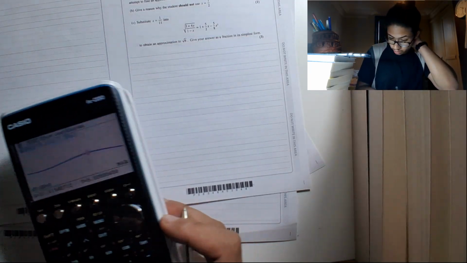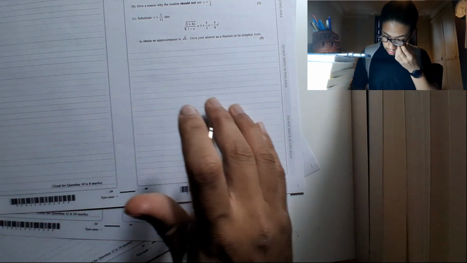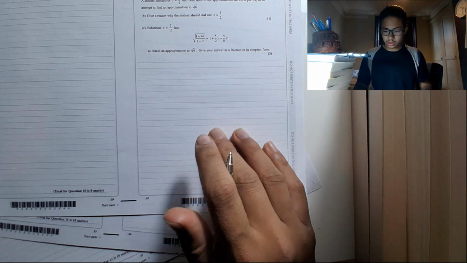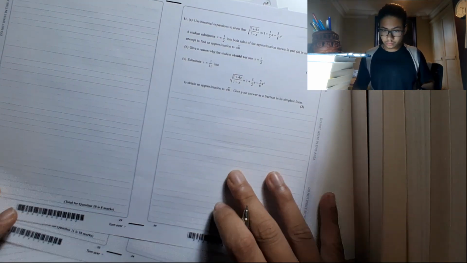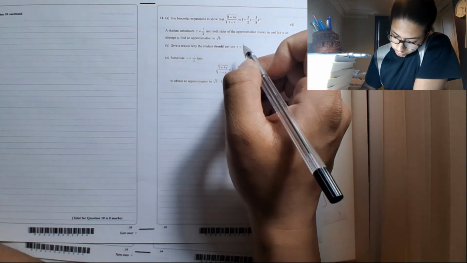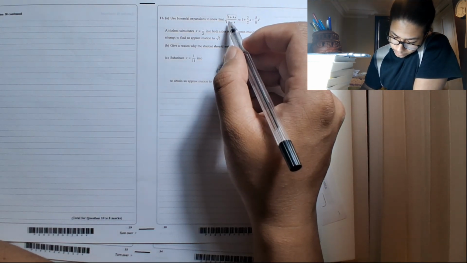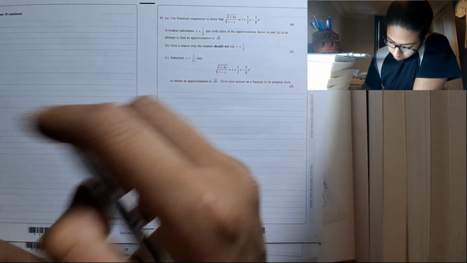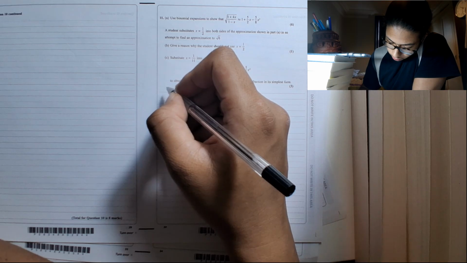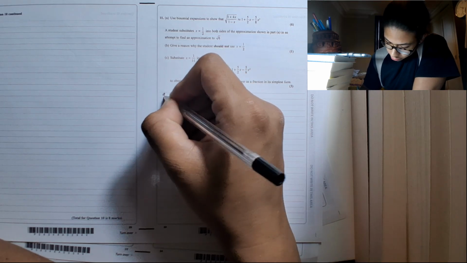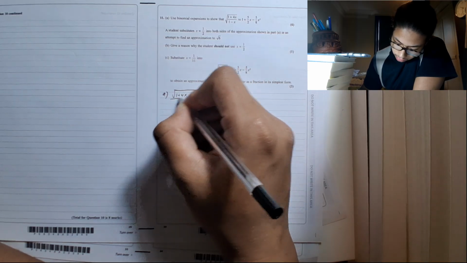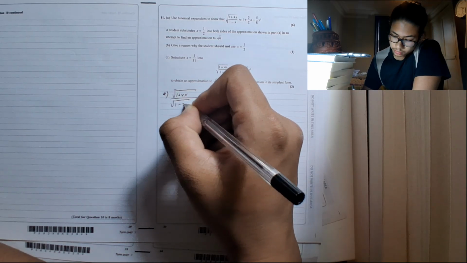Okay, let's go to, okay. What is this? Use the binomial expansion to show that, okay. This looks long, but it's 6 marks. I think I know how I'll do it: you have root 1 plus 4x on the top, and then root 1 minus x on the bottom.